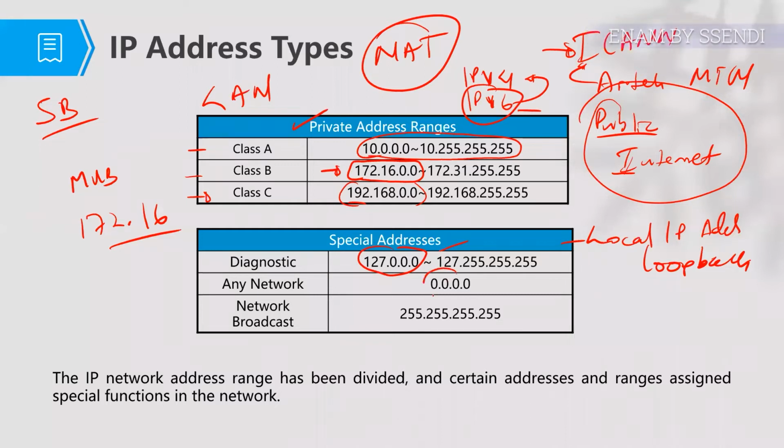Now, when you come to an address which sometimes we call broadcast, because it is used to mean any network, the moment you see 0.0.0.0, it means that we are sending to any network. We don't know the network, so this is a representation of any network. And for the network broadcast IP address, we said all the bits in our 4 octets are turned on into ones.